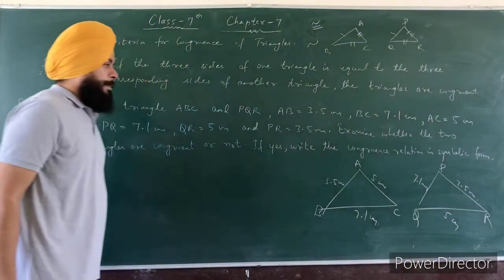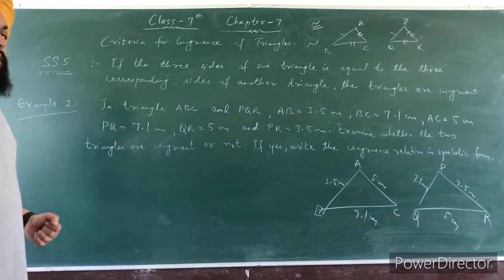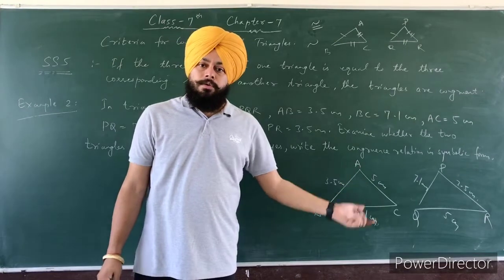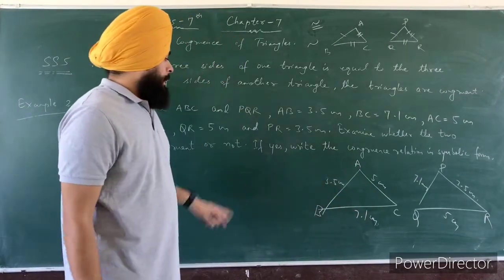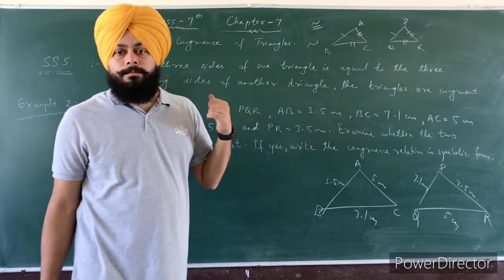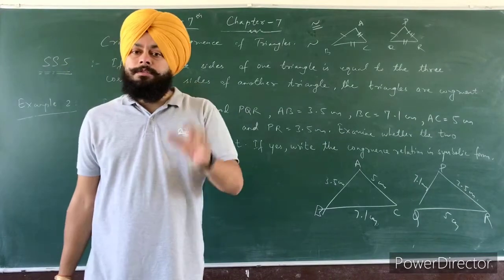Examine whether the two triangles are congruent or not. You have to check whether these two triangles ABC and PQR are congruent or not. If yes, write the congruence relation in the symbolic form. If both triangles are congruent, then represent them in symbolic form.